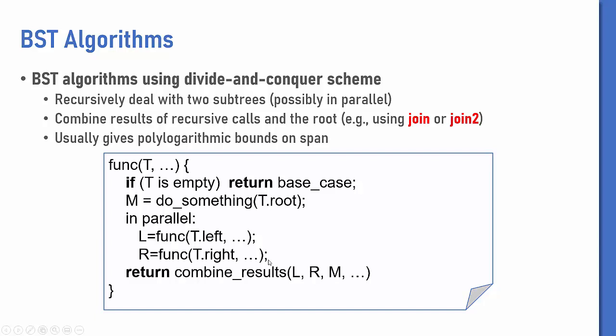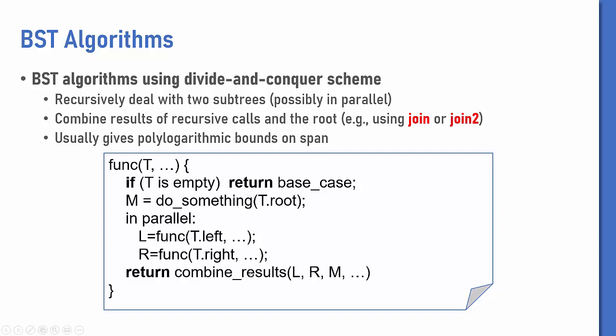I'll first introduce a formula to design BST algorithms using a divide and conquer scheme. First of all, if the tree is empty, we can just call some base case to deal with the easiest case. Otherwise, we have a tree. At least we have the root, the left subtree, and the right subtree. So we may first do something to the root and get some result, let's call it M. And then we can deal with the two subtrees, possibly in parallel, and get some results L and R, respectively.